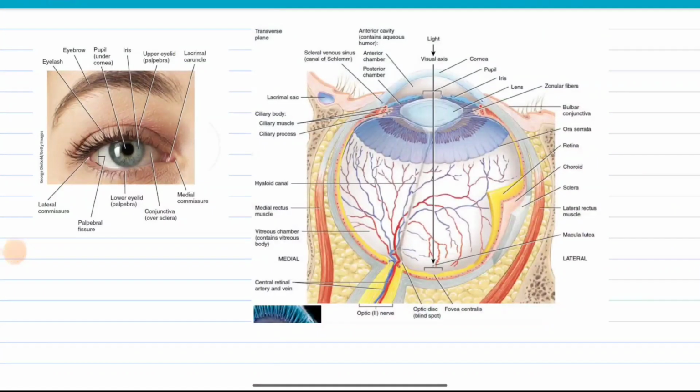Now we talk about the structure of the eye, or accessory structures of the eyes. This is the outer surface of the eyes. You can see the iris part of the eyes that provides the color to the eyes, and this is the upper lid.